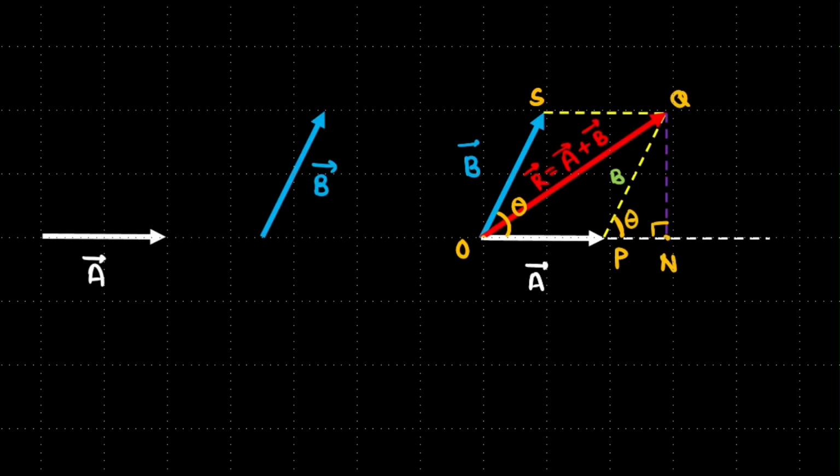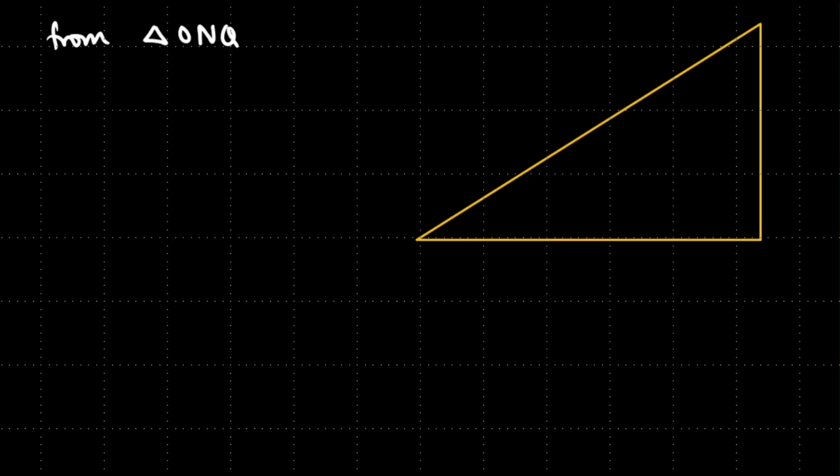So let's see the triangle. As you can see, O and Q. Let's write that. O and Q, and obviously this is 90 degrees, since we are drawing a right angle triangle.